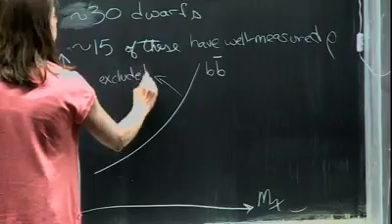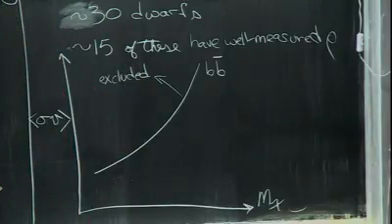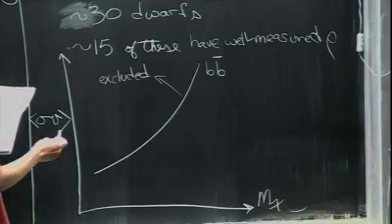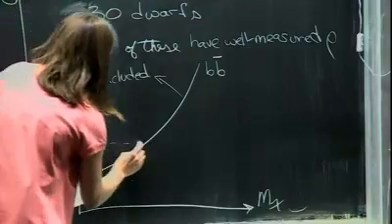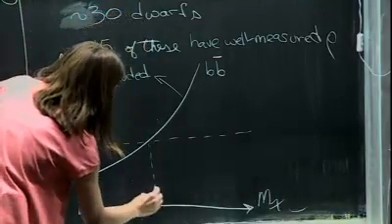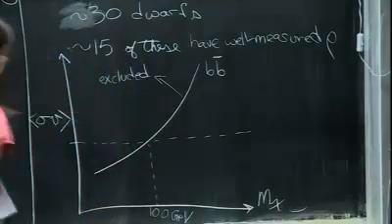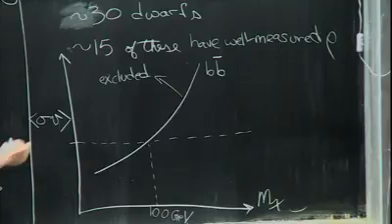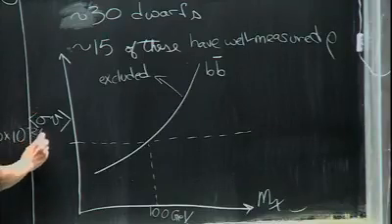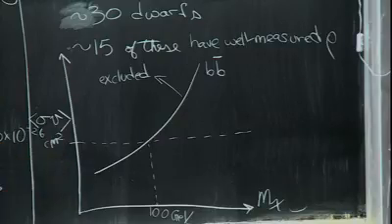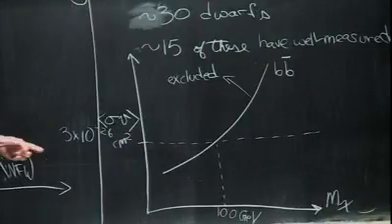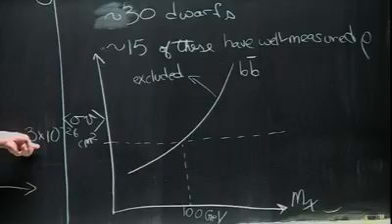And the most important thing to take away from the current dwarf bounds is that for a dark matter mass of 100 GeV, the current limits for the cross-section are roughly 3 times 10 to the minus 26 centimeters cubed per second, which is the thermal annihilation cross-section for dark matter.